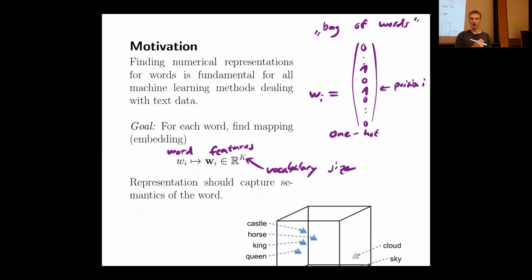And if you just do it for 1 word, then here is the mapping. And of course, this is a vector in k dimensions, and k is really big. So this already brings us a bit to the discussion of this kind of feature representation. One quite obvious downside is that it's very expensive to deal with such vectors because they are so large.